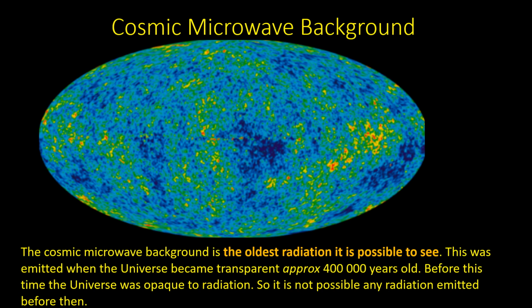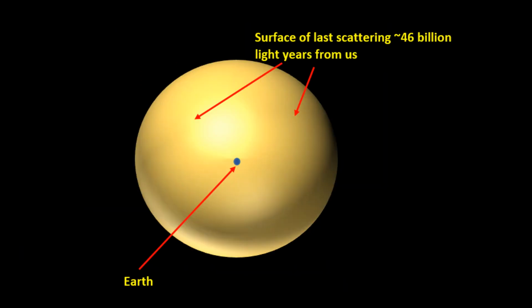The cosmic microwave background is the oldest radiation it's possible to see, and this was emitted when the universe first became transparent to radiation, roughly when it was 400,000 years old. Before this time, as we said before, the universe was opaque, so we can't observe any light emitted before then.